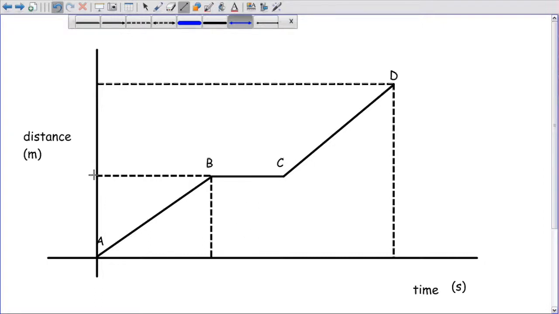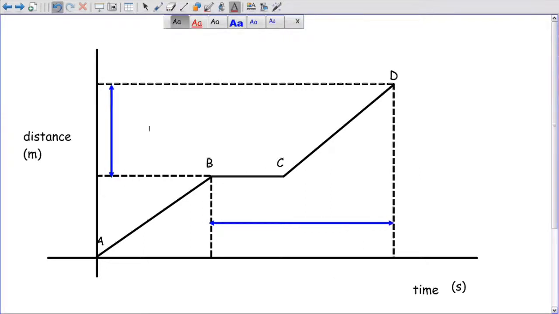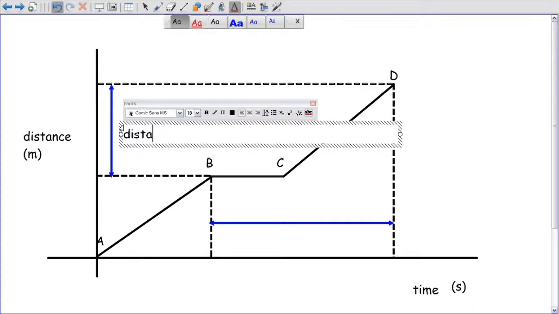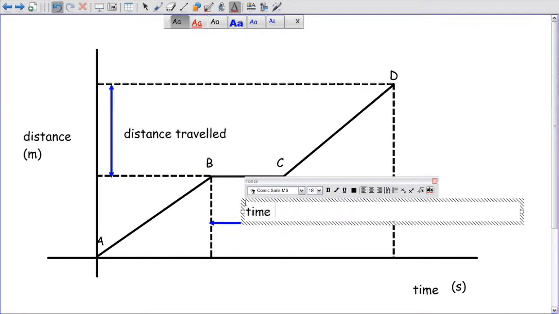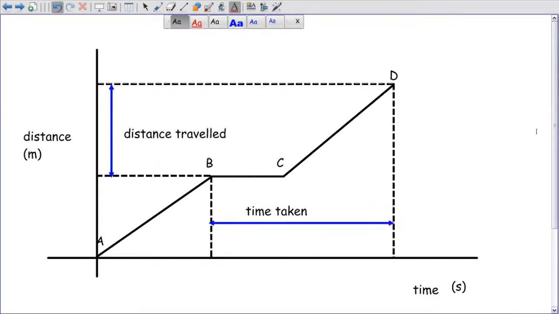Now remember, this time the distance traveled is the distance between where you started and where you end up, so it's that distance there. You're going to have to take the top number away from the bottom number. The time it takes you is the time from there to there, so again, there's a subtraction to be done. This is my distance traveled, and this is my time taken.